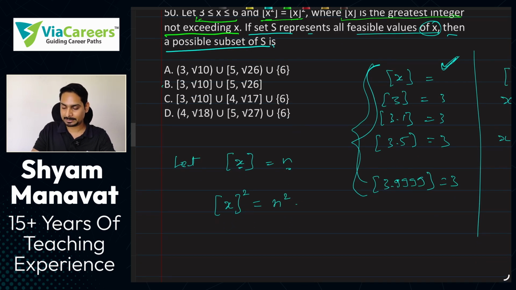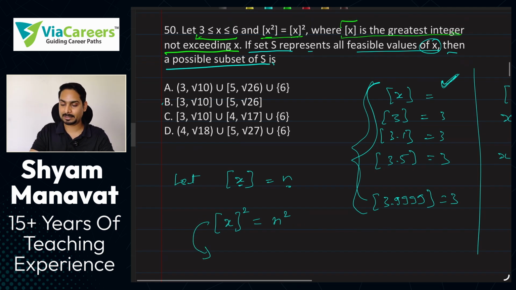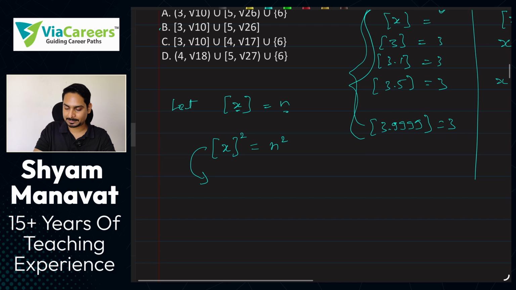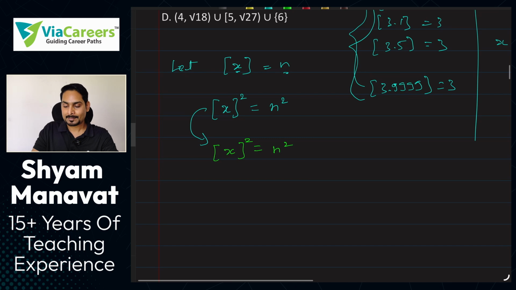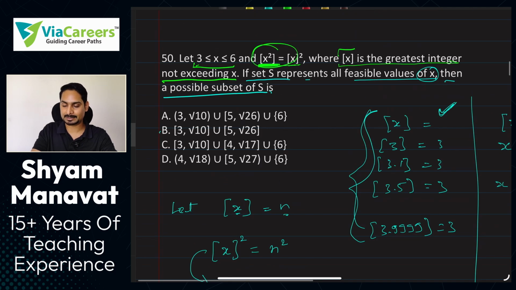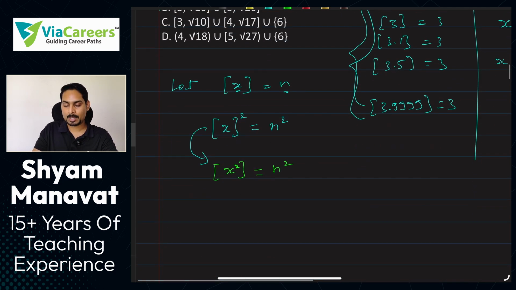Now here, the square bracket of x, uska square is also given in the question equal to x square, and then we have square bracket, right? So the square bracket of x square is also equal to n square as per the question, with this relation, okay?